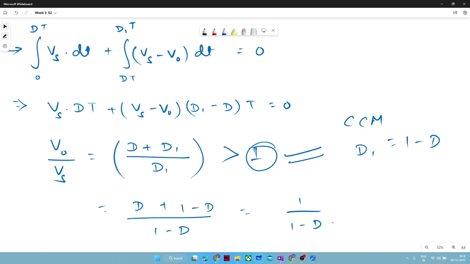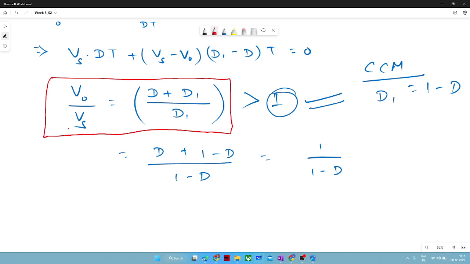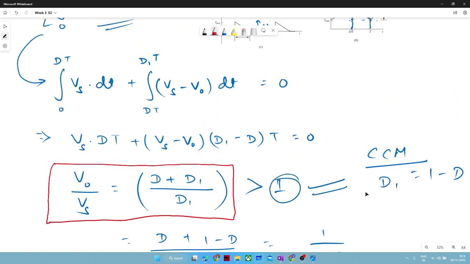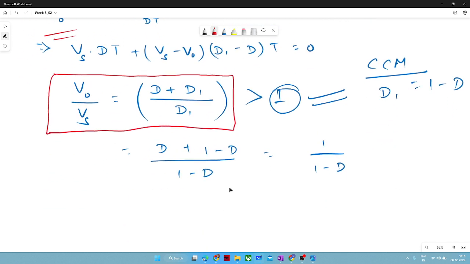So you can say CCM is just a special condition of DCM, and vice versa is also true for some specific circuits. So we derived this. You should remember it, or you can easily derive it. It is a one-step process: you just equate your voltage and you will get it.